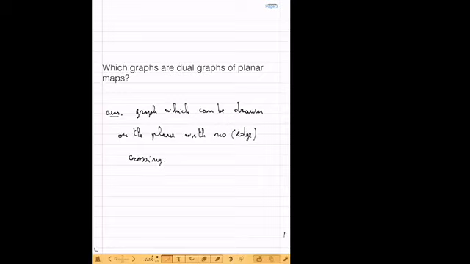Okay, so if you have such graphs, which are called planar graphs, every planar graph corresponds to a map, and every map gives rise to a planar graph.